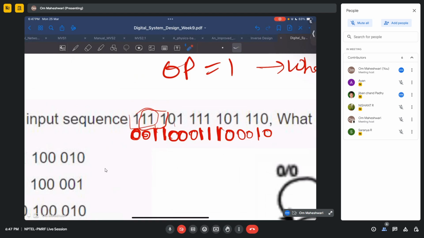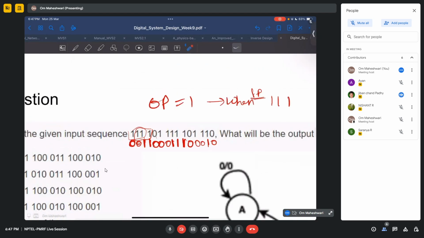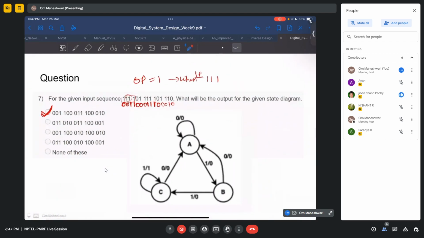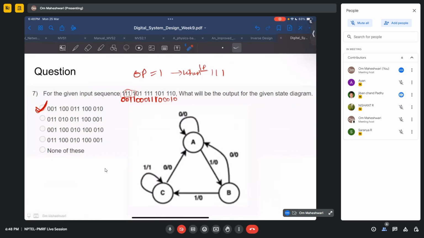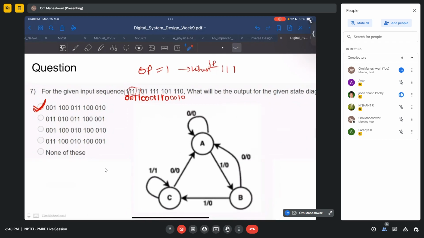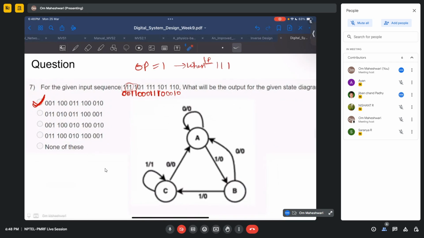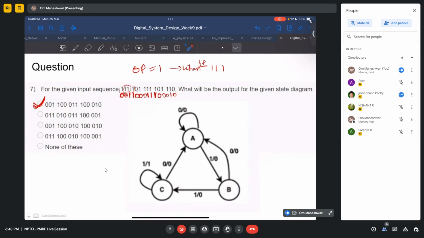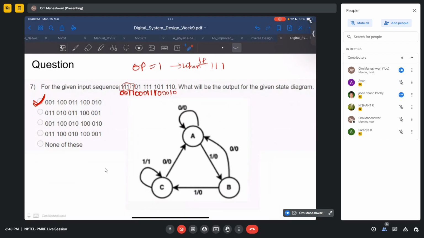This is overlapping. Okay. Yeah, that was a good point, Nishant and Jibin. So that we can determine by the analysis of the state diagram that this is, I think, overlapping. Is that correct?